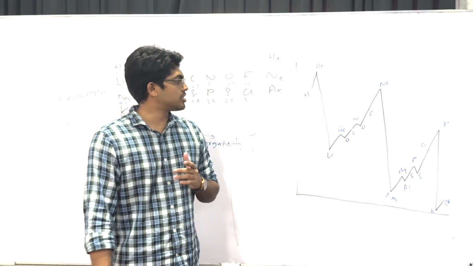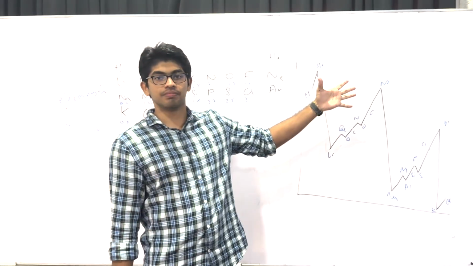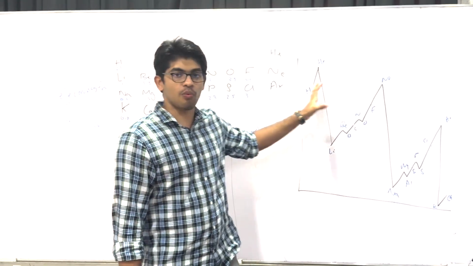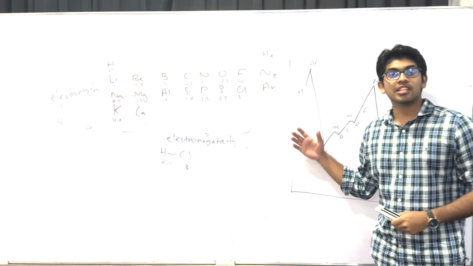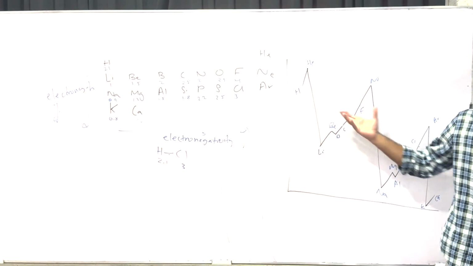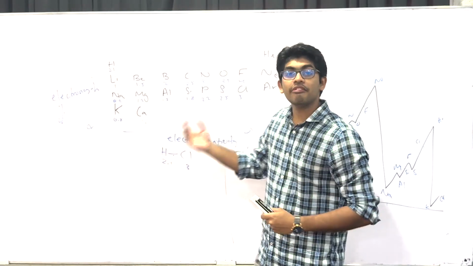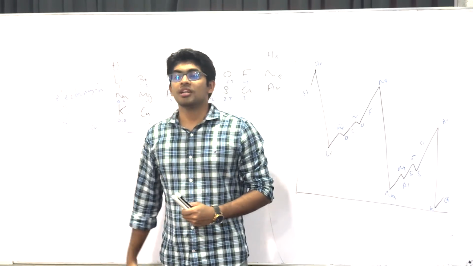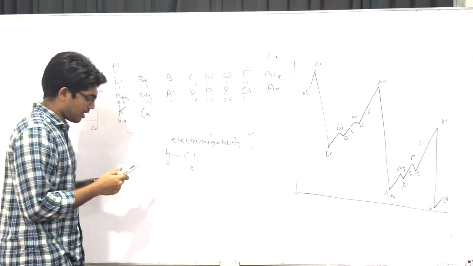The first ionization energy is the energy that needs to be provided to a gaseous atom to make it a unipositive gaseous ion. The minimum amount of energy that needs to be supplied to a gaseous atom to convert it into a unipositive gaseous ion. Is it clear to you all? Let's take an example like this.